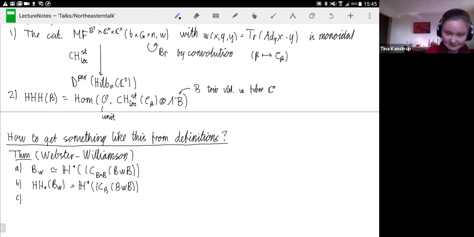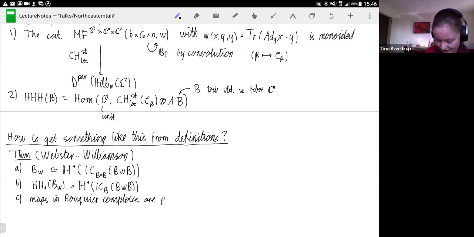And the last one is that the maps in the Rouquier complexes match what you would think for the sheaves. I think there's pretty much a unique map possible, so it's maybe not a huge statement that these have to agree, using pullback and pushforward.